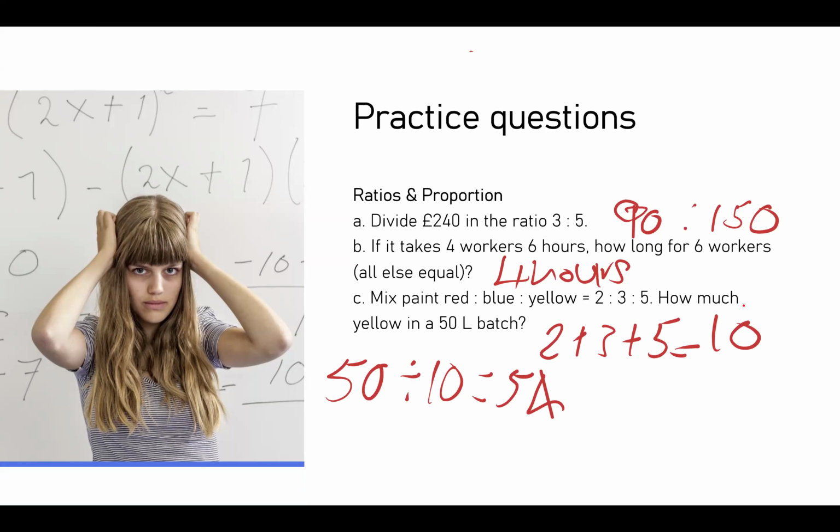To work out the 5 parts of yellow, all we need to do is multiply this by 5. That is not 4, by the way, guys, that is L. So 5 liters times 5 gives 25 liters. That's how much yellow there would be in this batch.